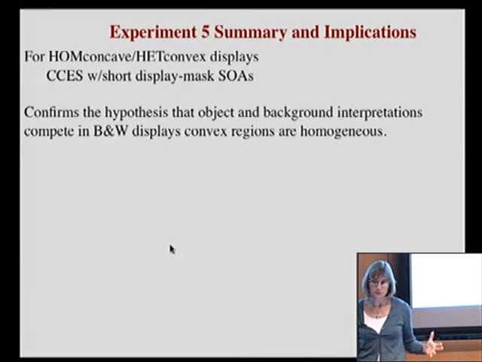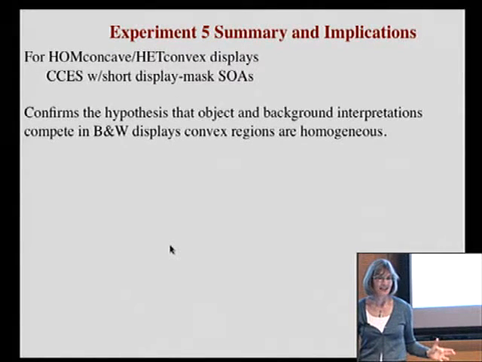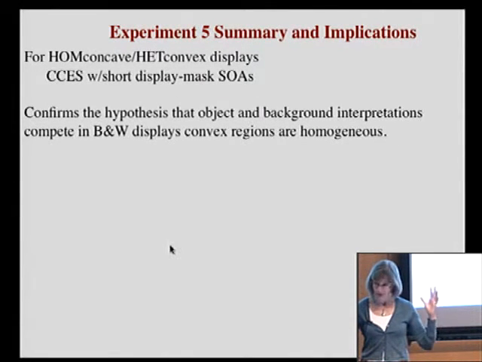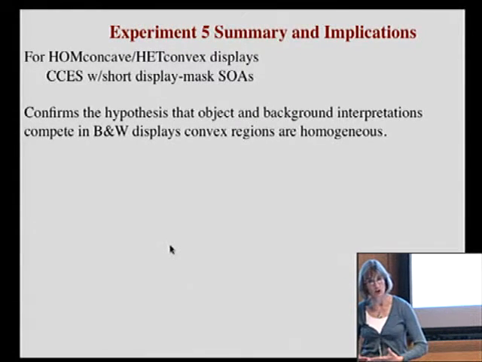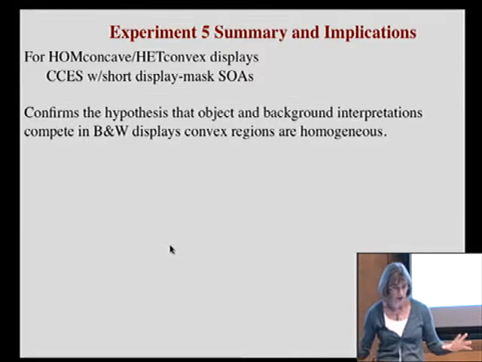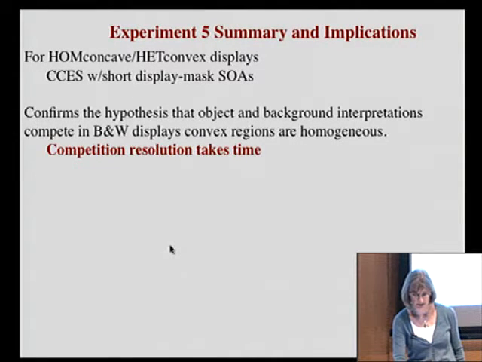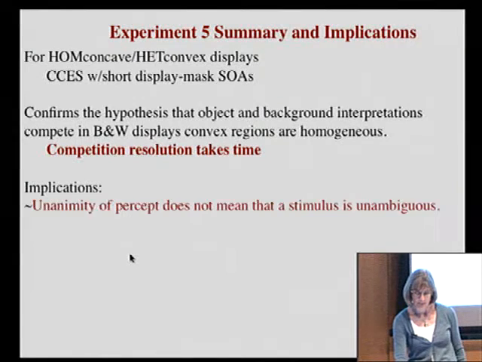To you, your percept seems instantaneous. When you look at the display, you see as figure whatever you see as figure. But nonetheless, the visual system is resolving competitions. It's accessing all sorts of possibilities for the scene. And then one of those possibilities dominates. That competition resolution takes time.